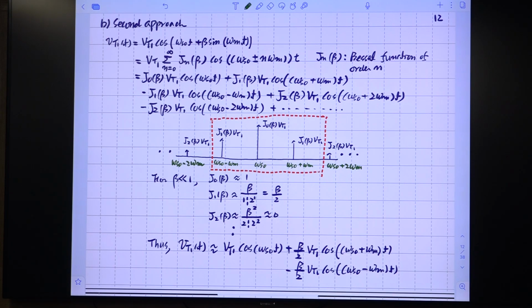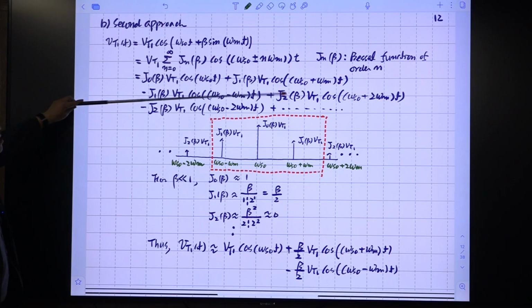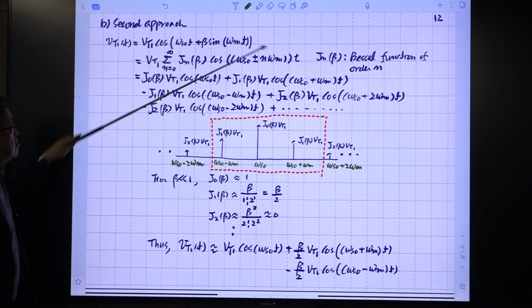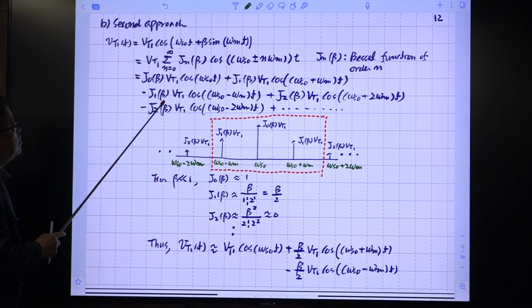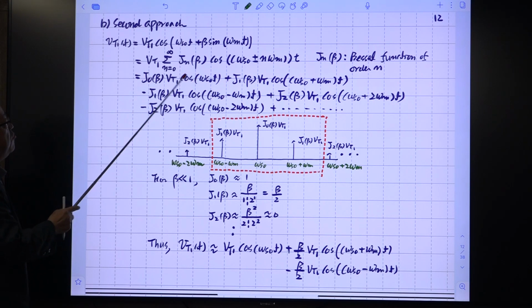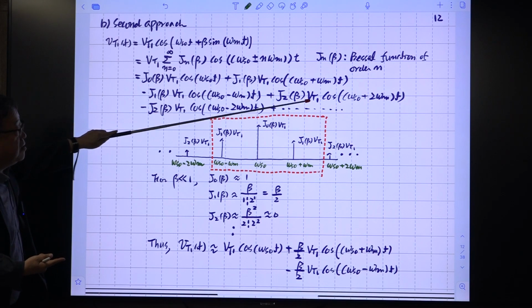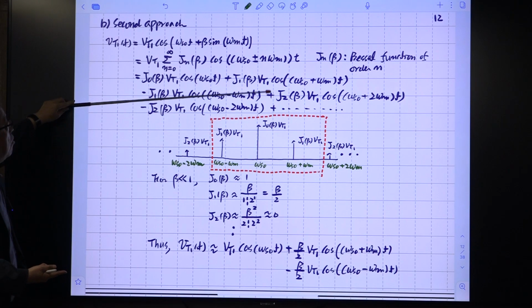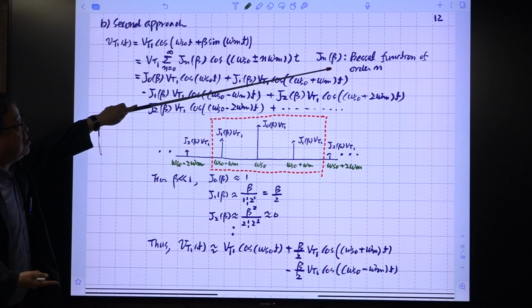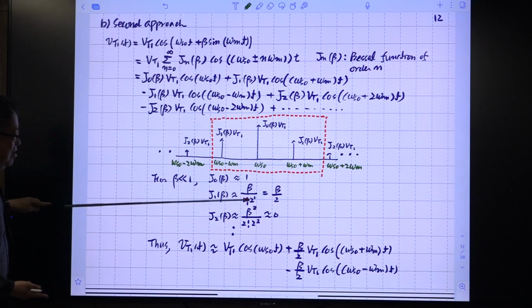I took the result from the mathematical tables. So this can be expanded into this infinite series. So there is one coefficient, another one. This is the fundamental component. This is the first sideband, second one. Okay, but this coefficient of the Bessel function of order n is this one.